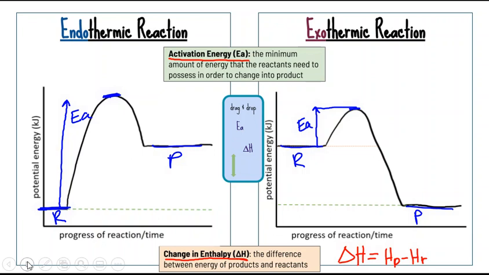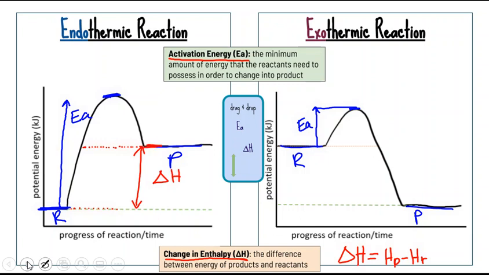So, when we're looking here, we have our products, and we have our reactants here, like so. The difference is going to be between these two. This is going to be your delta H. Now, the delta H of the endothermic side.